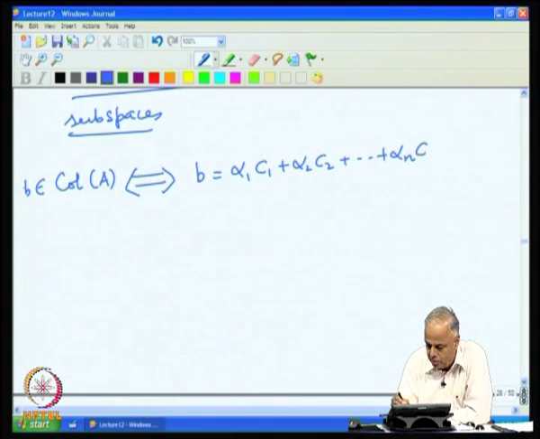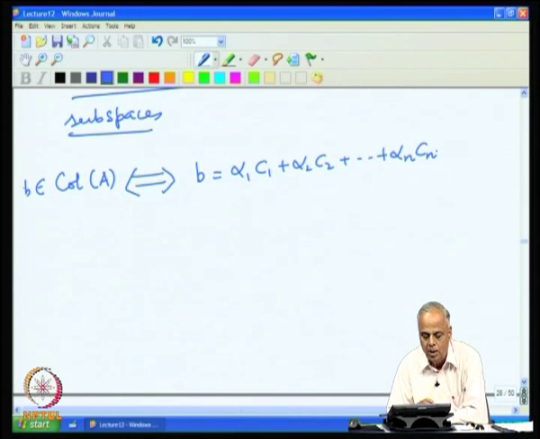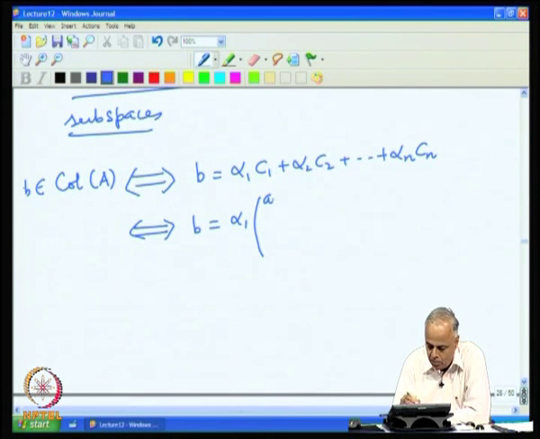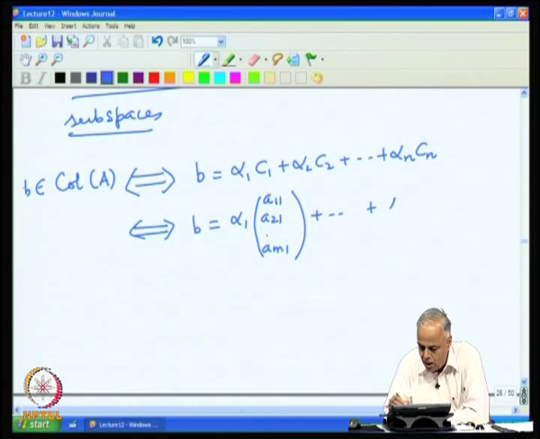There are n columns of A. So, B is equal to alpha 1 into the column A 1 1, A 2 1, A m 1, and so on, plus alpha n into a1 n, a2 n, am n.